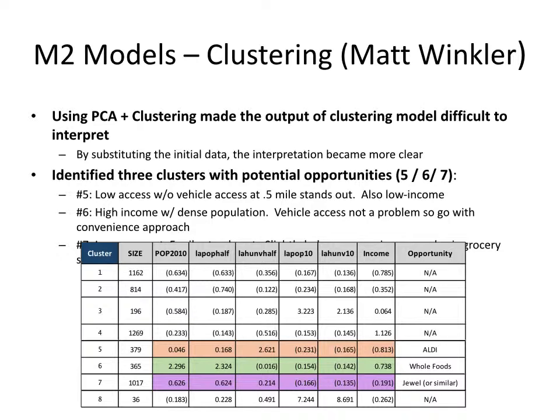Cluster 7 had a decent number of people showing low access at the half-mile radius, but not at the longer radius. They were also pretty average in terms of income, maybe a little bit below average. So we'd think that something like a Joule or similar might make sense in that type of zone.